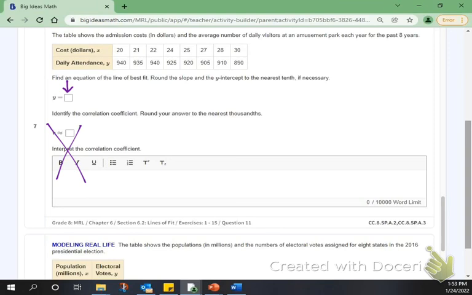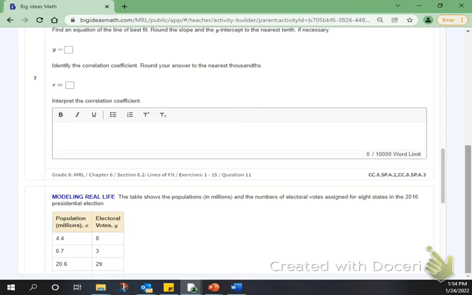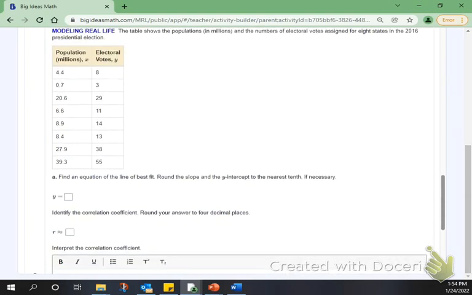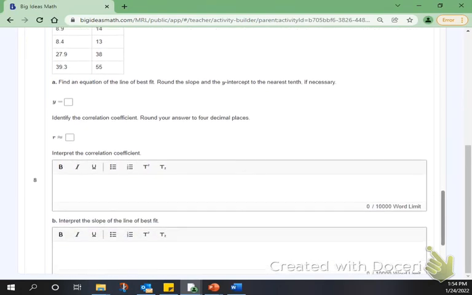Find an equation of the line of best fit around the slope and the y-intercept. Okay, so you don't have to do a correlation coefficient. And same thing with number 8. I just want you to write an equation. Okay, so do 8a, but you don't have to do the R part.